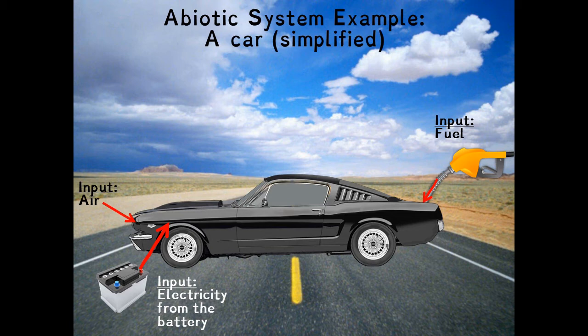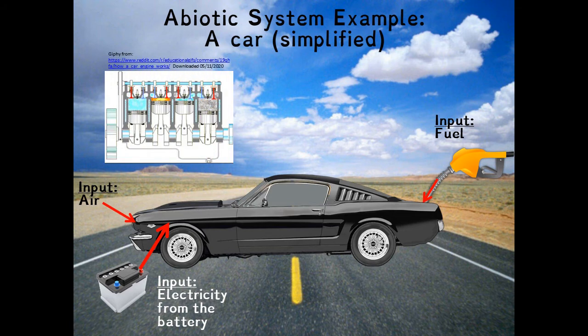Now, in order to get the system started, we have to climb in, turn the key, and that is when the magic happens. So you can see inside the engine you have what's called cylinders. And inside those cylinders we have these movable pistons that are moving up and down. Now the air and the fuel are mixed together by the vehicle and shot into the space in the cylinder.